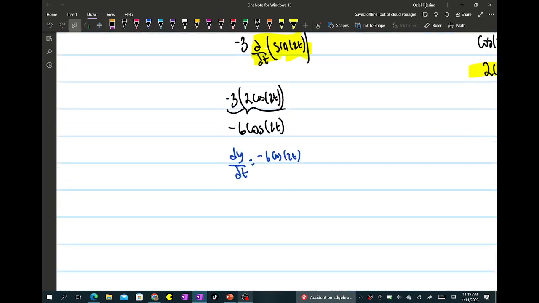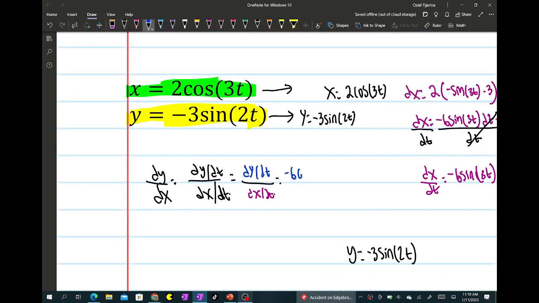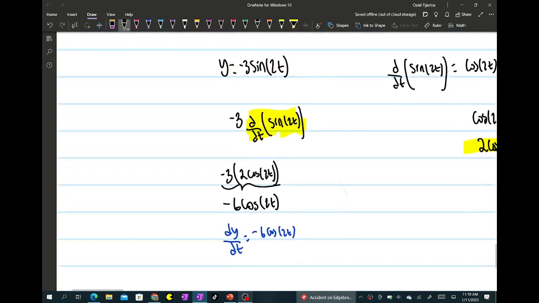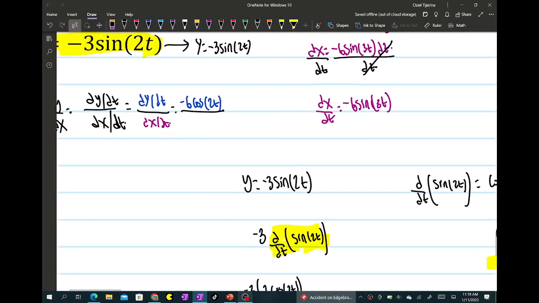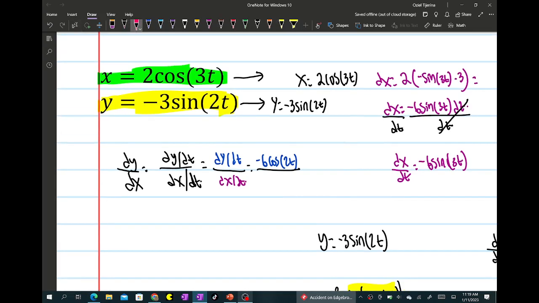So we have -6 cosine of 2t over dx/dt, which would be -6 sine of 3t.